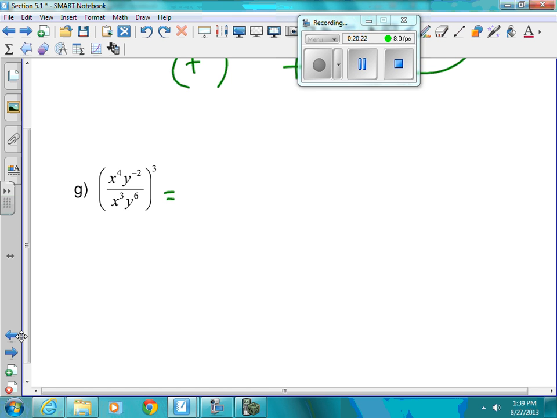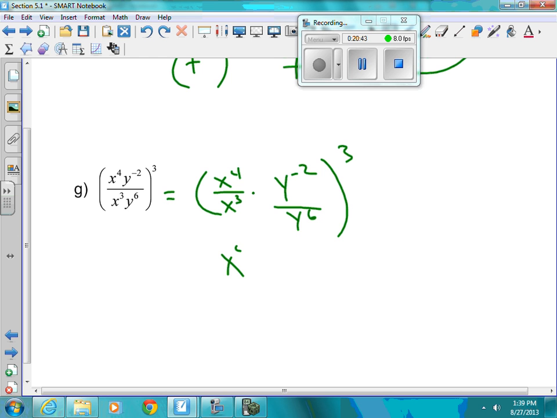Because I see that I have an x to the 4th over x to the 3rd, which I can simplify, and I have a y to the negative 2 over a y to the 6th that I can simplify. Still all being raised to the 3rd power. Now, why did I do that? I can use the quotient rule and I can subtract exponents.